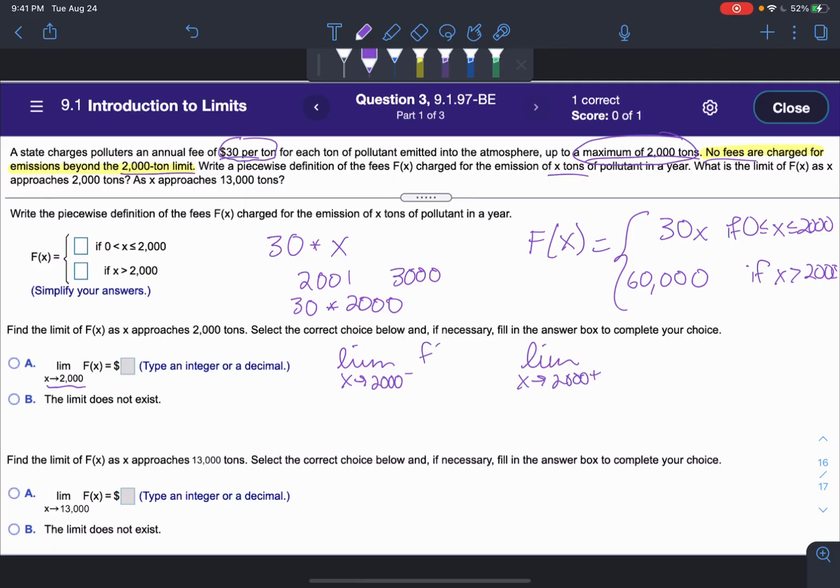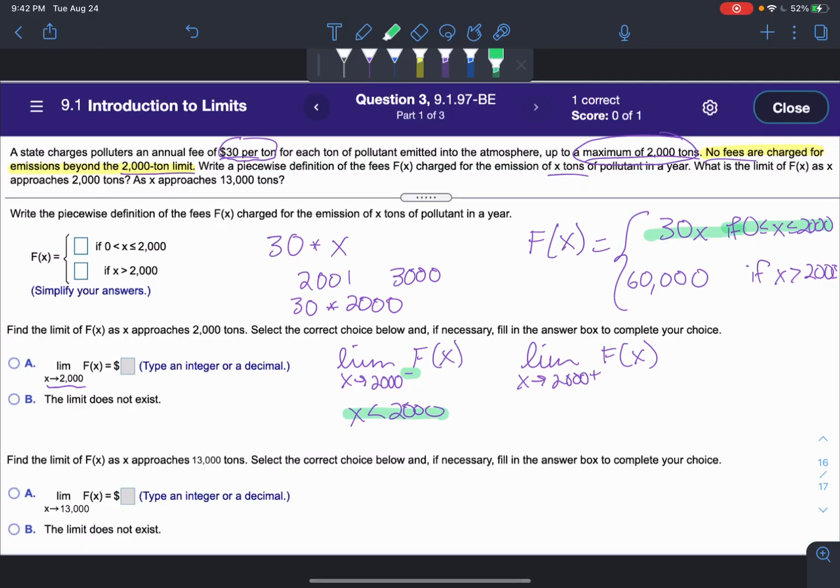Because if they're equal, then we have an overall limit. Okay? So our piece on the left will correspond to x values less than 2,000. And so this corresponds to this piece of the function.